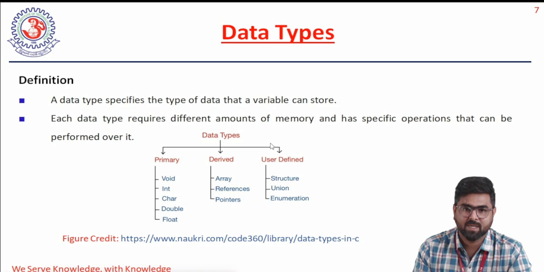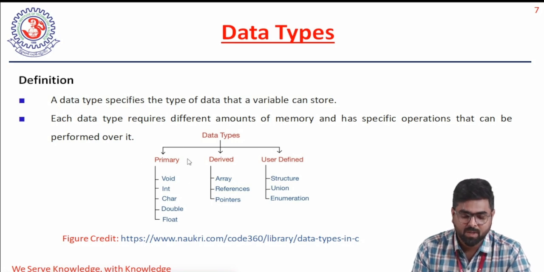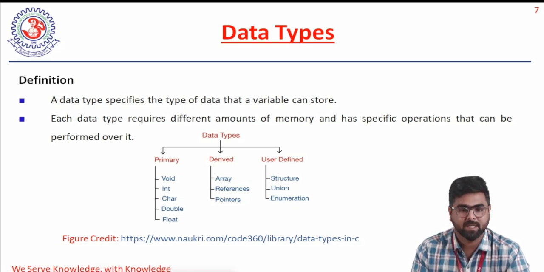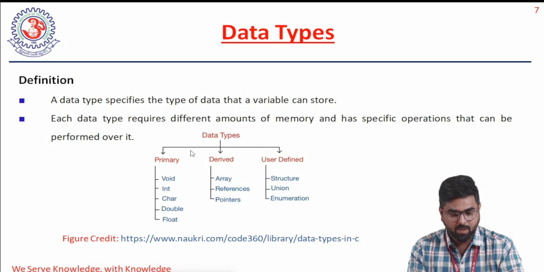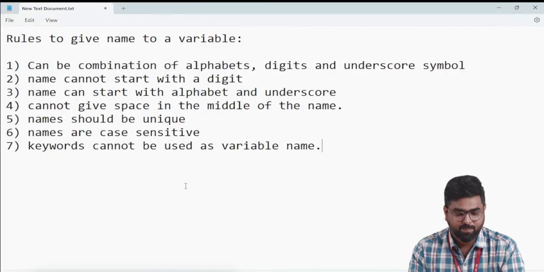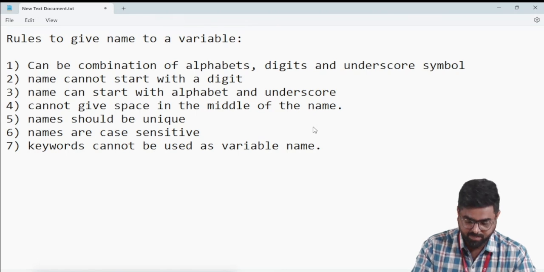So here, basically, first we are going to discuss all these primary data types, and arrays, pointers, structures, unions we are going to see in the upcoming lectures as separate chapters. Now we'll discuss the primary data types. So what do you mean by primary data type?